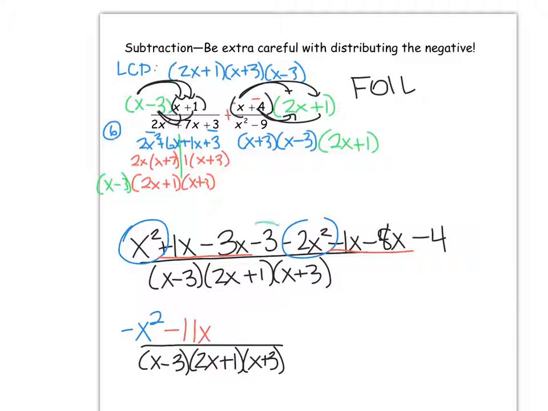And then lastly, negative 3 minus 4, so negative 7. A times c would be negative 1 times negative 7, so 7. I asked myself if anything multiplies to 7 and can add to negative 11. There is nothing, so I know that's the end of my problem. So there's an example of a pretty tough subtraction problem.